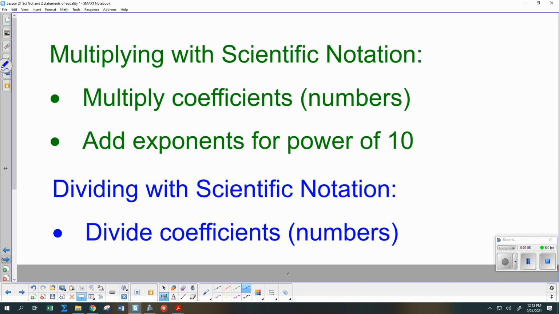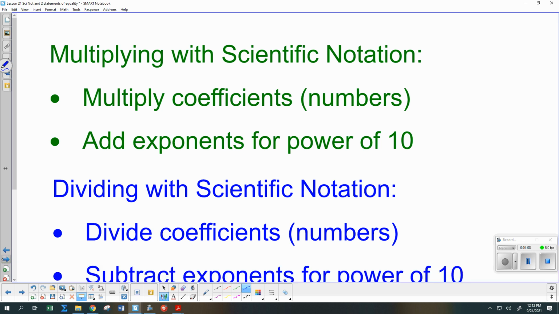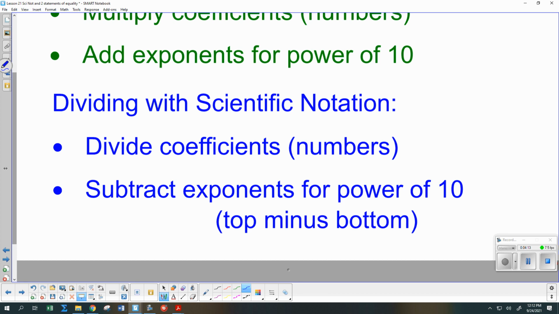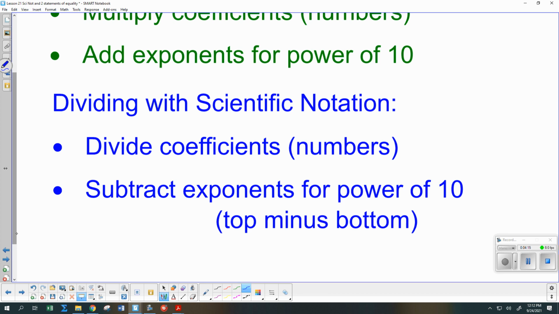If we're going to divide, we're going to take the coefficient in the top, divide that by the coefficient in the bottom, and then we're going to have 10 to something over 10 to something, and we're going to use our exponent properties to simplify that. And that'll make a little bit more sense as I do this example on the next slide.